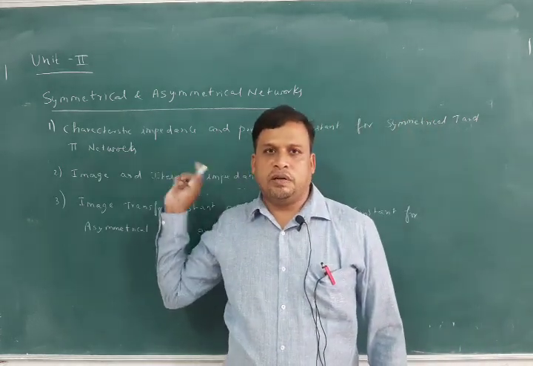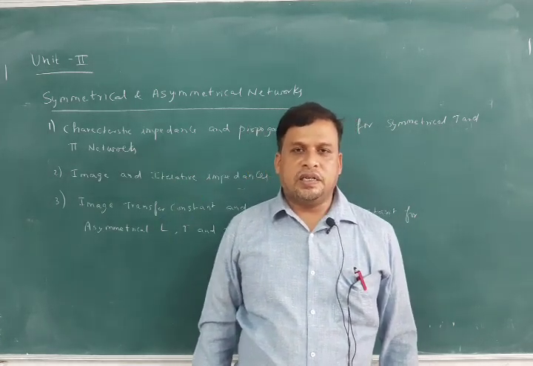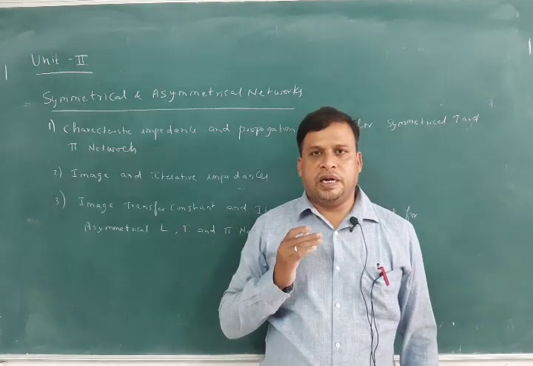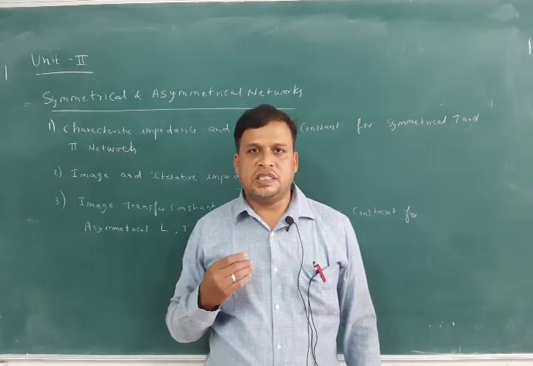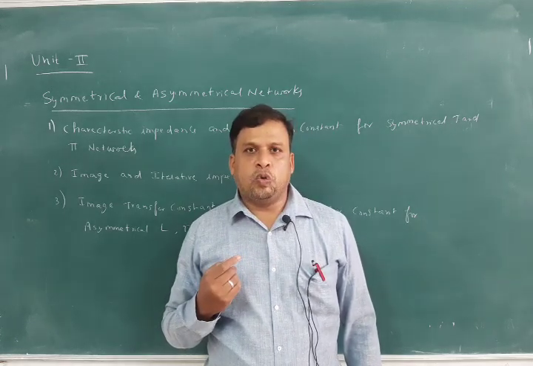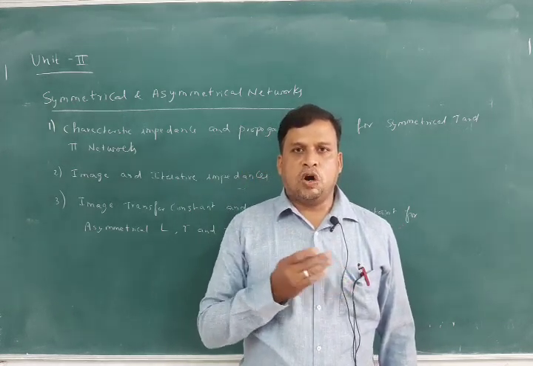Before going to that, we will say what is symmetrical and asymmetrical. Symmetrical means having the same input impedance and output impedance. I repeat, a symmetrical two-port network is one which has the same input impedance and output impedance.